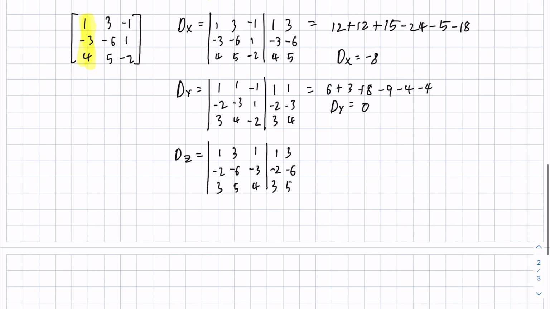And we solve this out. 12 plus 9 plus 10 minus 18 minus 5 is 12. Dz is equal to -4.